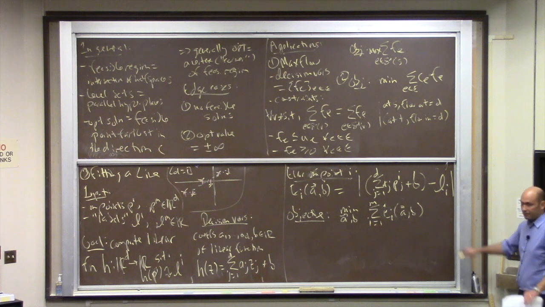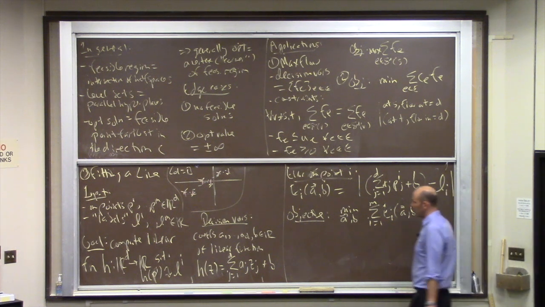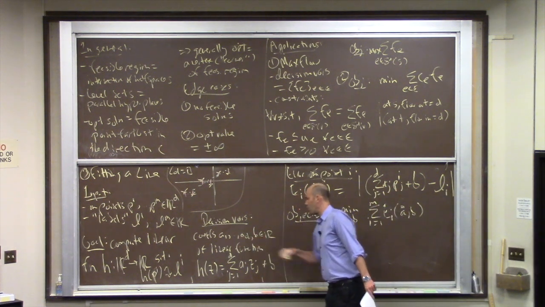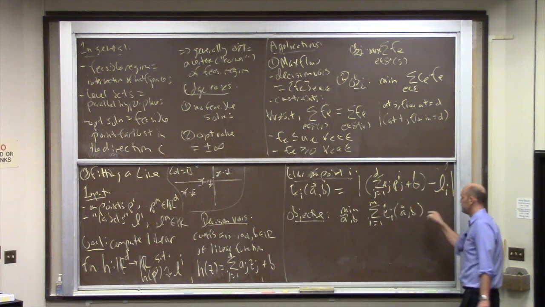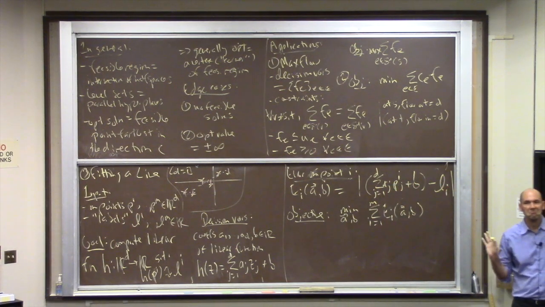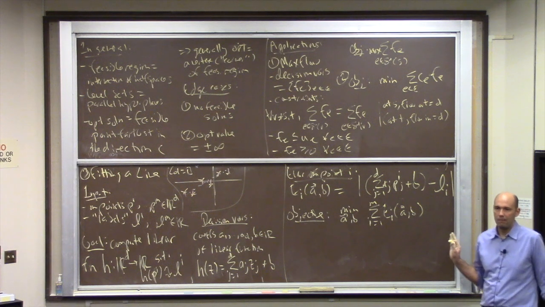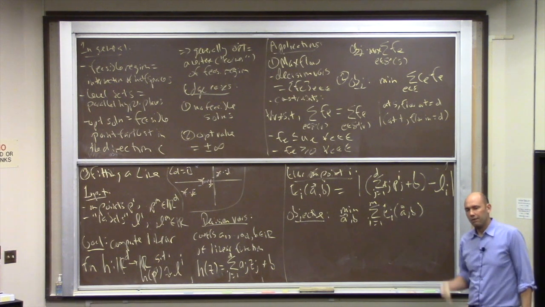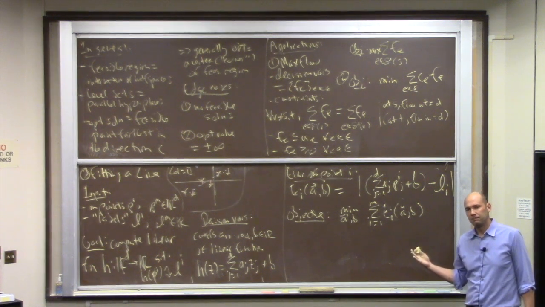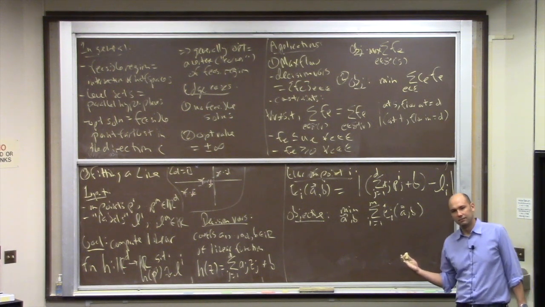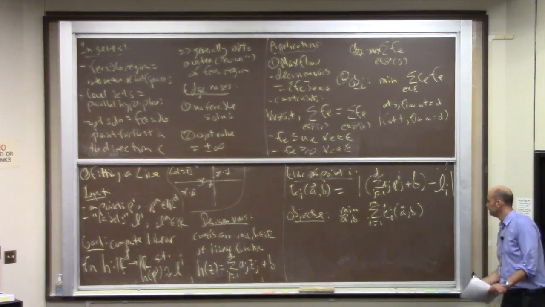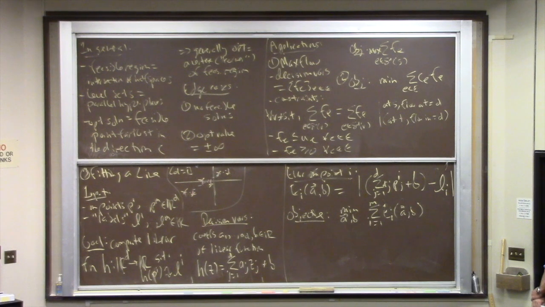So no constraints. I told you what the decision variables are: the coefficients and intercept of the linear function. I told you the objective minimizes the sum of the errors. No constraints, so the a's and b's can be whatever they want. So are we done? Do we have a linear program? Is there anything nonlinear that I've written on the board?